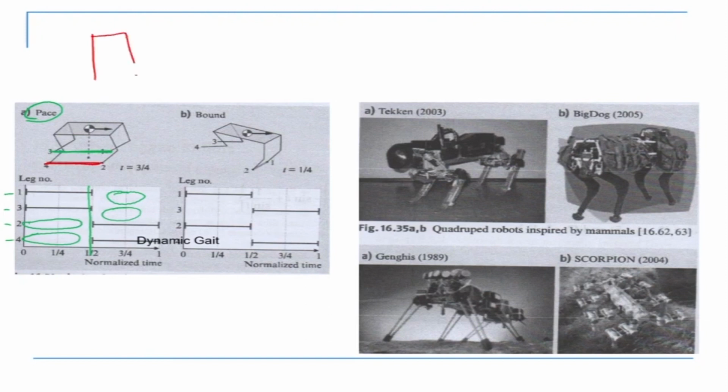If I draw the legs like this, these are my four legs, and it goes this side and then this side, interchanging. In the case of the Big Dog, it was crosswise, like this and then like this. So this is what we call a pace gait, and the gait diagram is shown here.